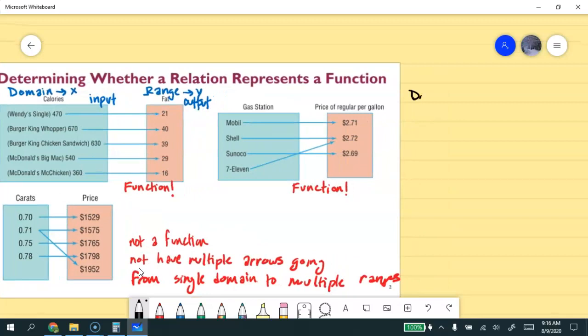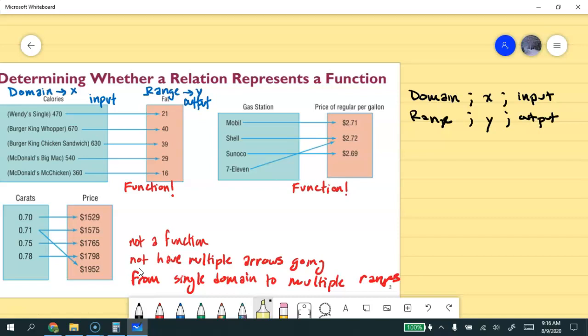When you hear domain of a function, when you hear x, when you hear input, these all mean the same thing. And when you hear range, when you hear y, and when you hear output, these also mean the same thing. I would say that the most common ones that you'll probably experience are going to be the domain and the range.